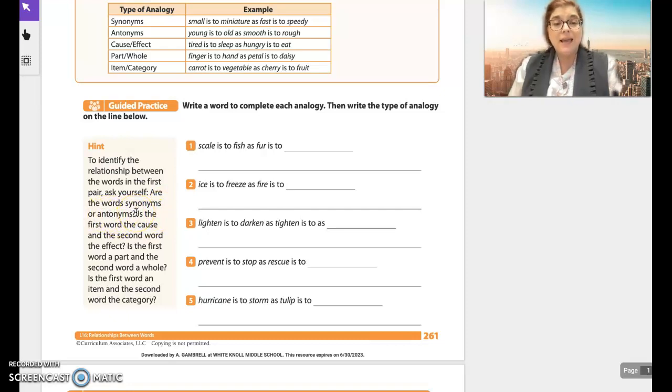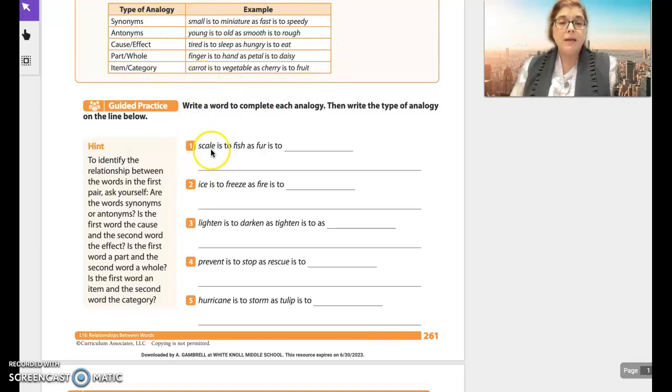Synonym meaning the same, antonym meaning the opposite. Is the first word the cause and the second word the effect? Is the first word part and the second word a whole? Is the first word an item and the second word a category? Follow your examples up here.